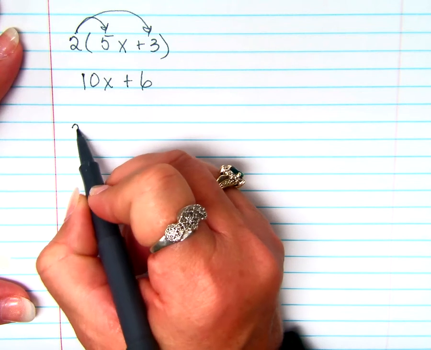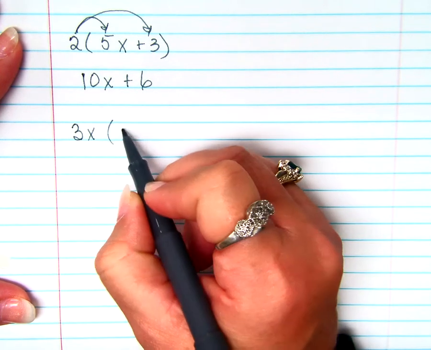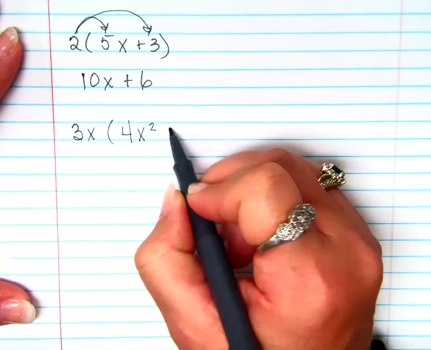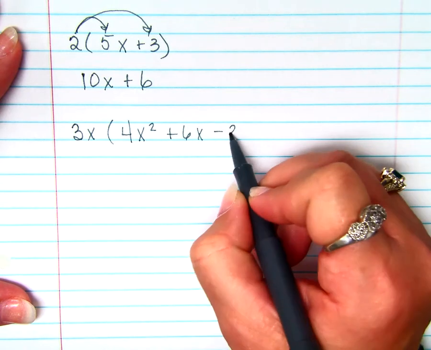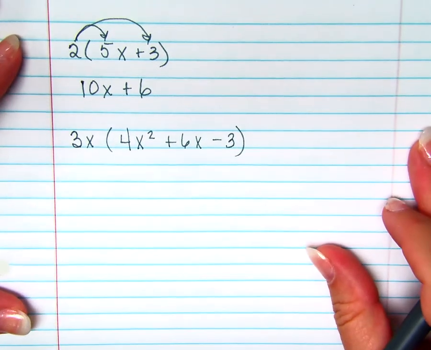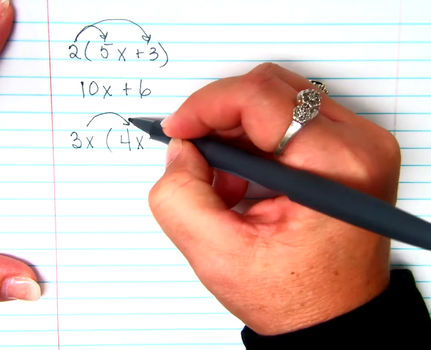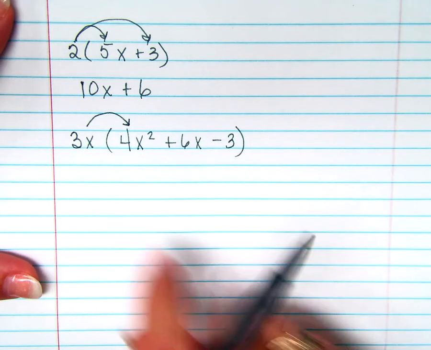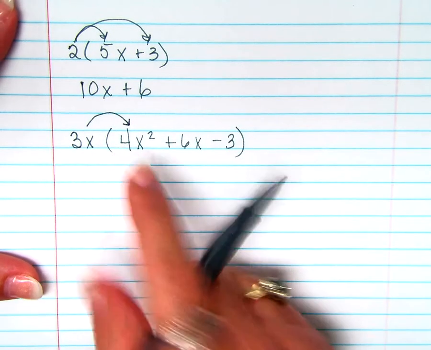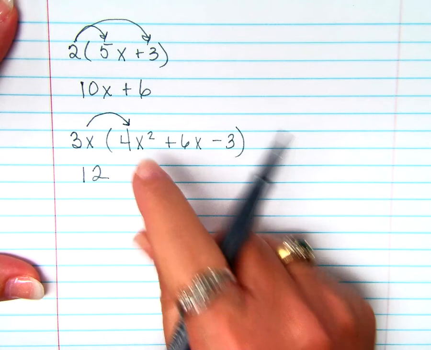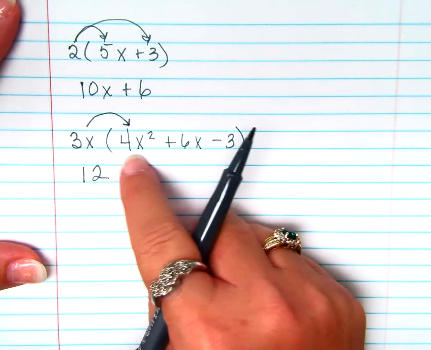Okay, so let's step it up a little bit. Let's say 3x times 4x squared plus 6x minus 3. Are we still distributing here? Yes. 3x times 4x squared. Well, what's 3 times 4? 12. This is where you have to remember. What's x times x squared?